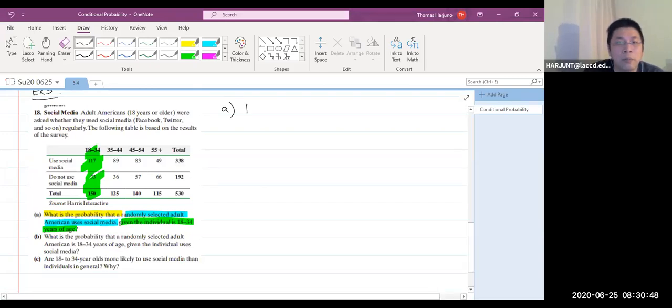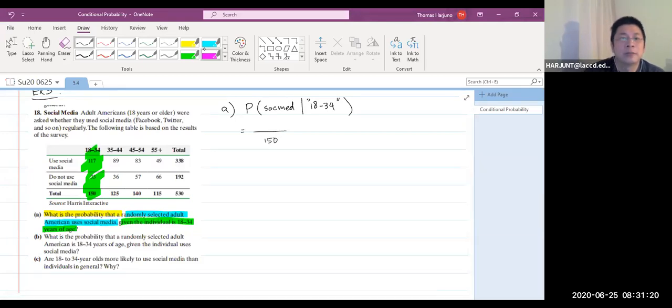So probability of given 18 to 34, what is the probability that person uses social media? Then how many people are actually aged between 18 and 34? A total of 150.